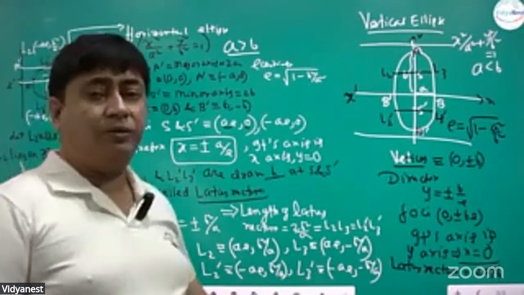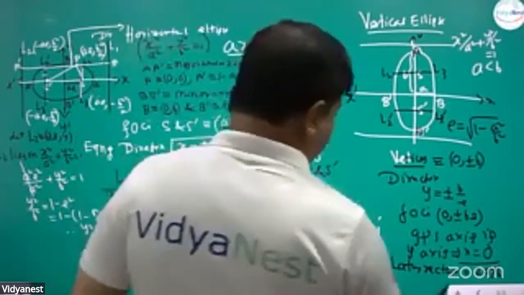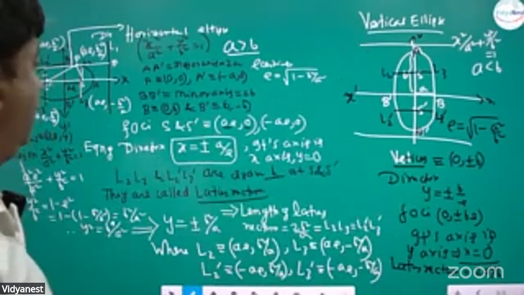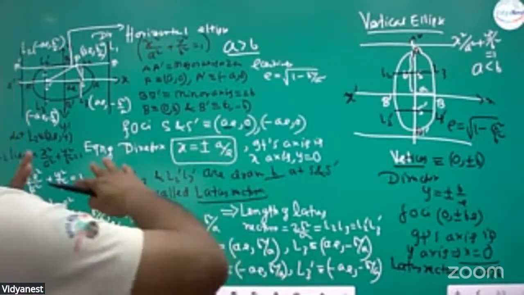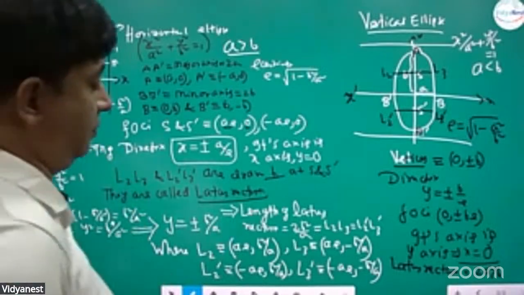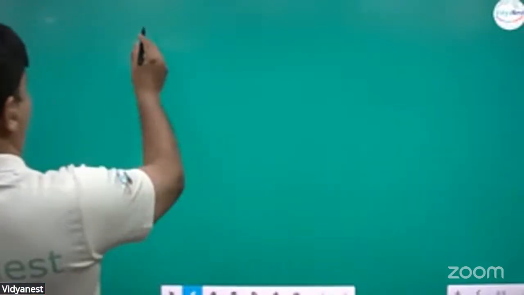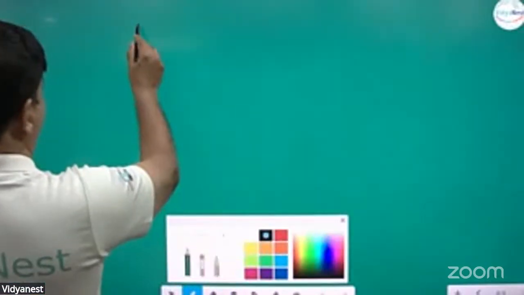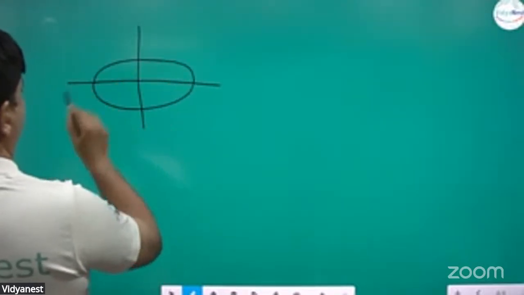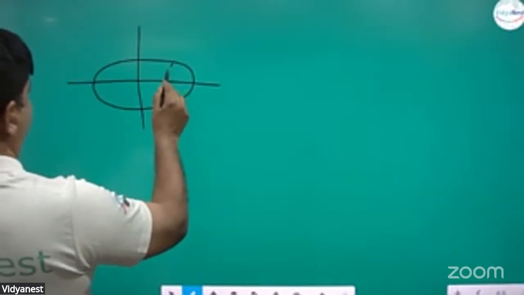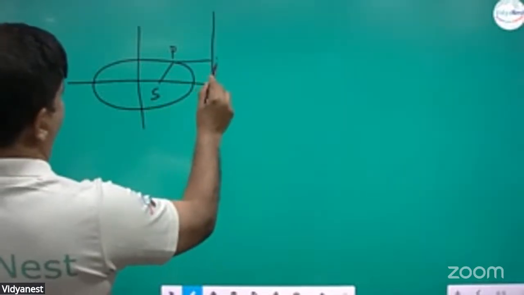See, still now we are doing the fundamental properties of the ellipse. We have not yet reached the conclusion of the fundamental part. Why? You observe. There is an ellipse like this, with P, S and PM.